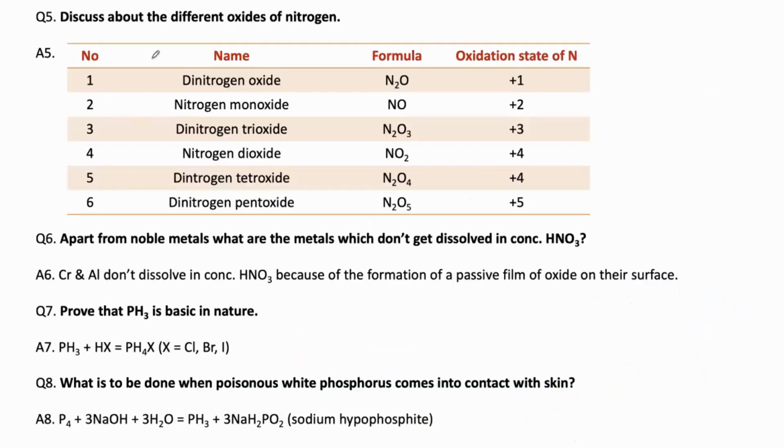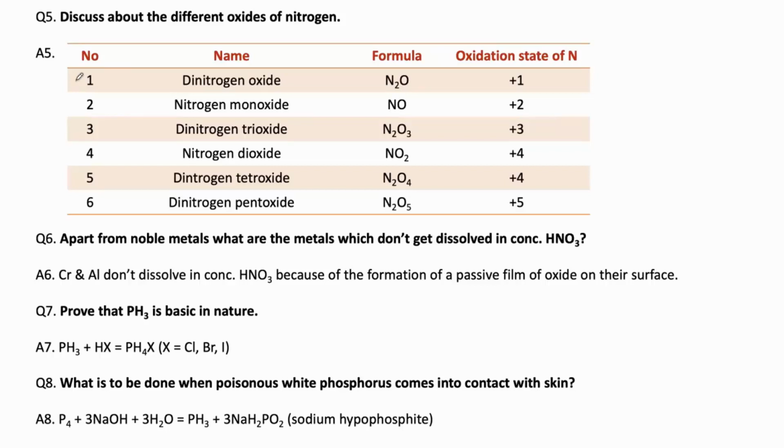In the next question, we will discuss the different oxides of nitrogen. Since nitrogen is highly electronegative and can form p-pi multiple bonds, with oxygen it forms a library of oxides. For exams, it is quite important for you to know what the oxides are and what the oxidation state of nitrogen is in each of them.